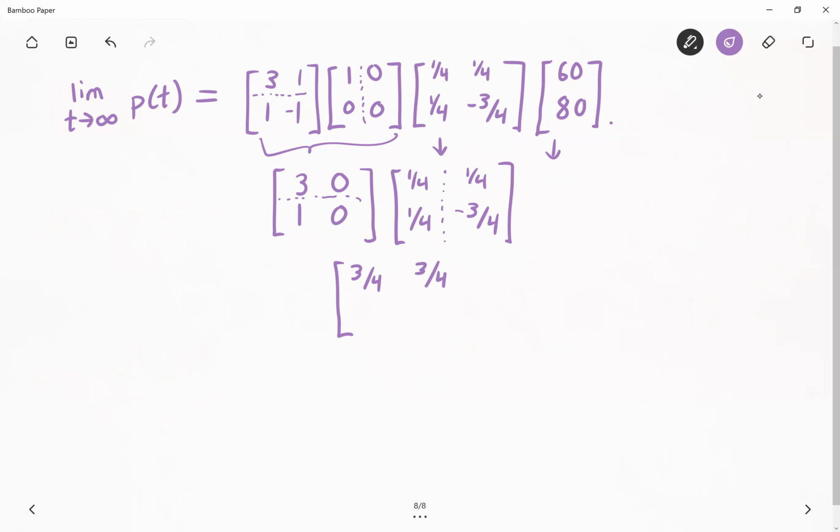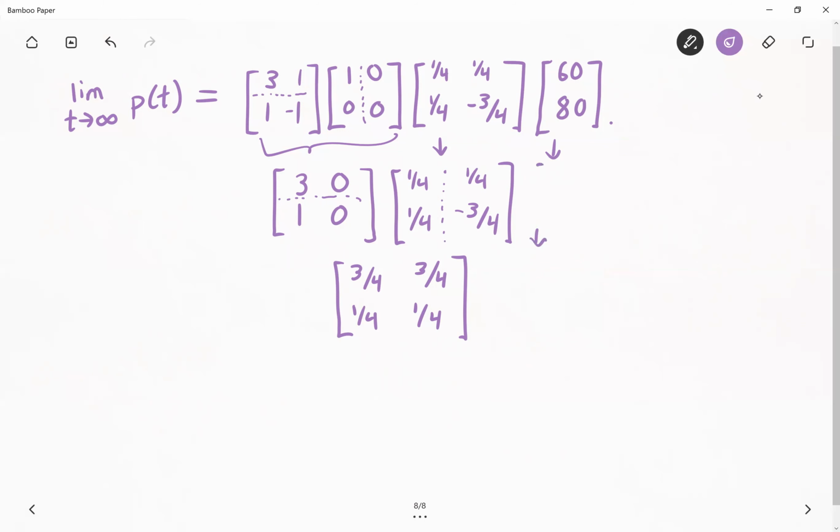The bottom row, 10 times 1/4 will be 1/4, and 10 times 1/4 - 3/4 will again be 1/4. Notice that, again, as before, the values in the columns add up to 1. A nice, helpful check.